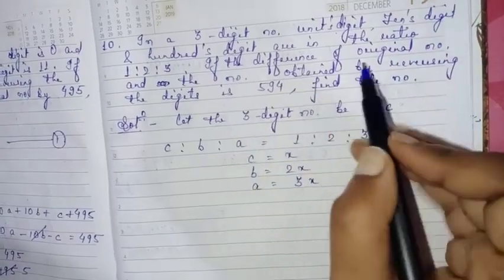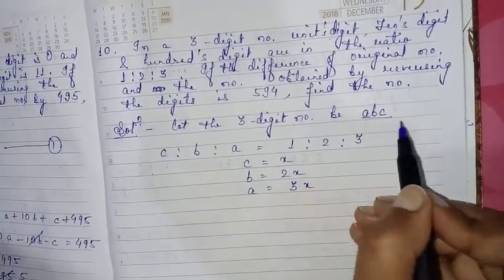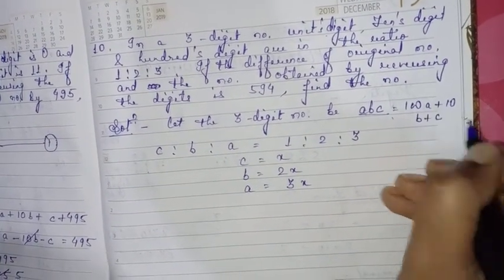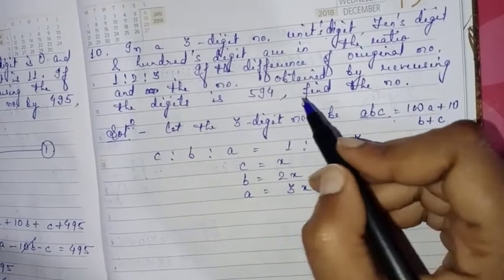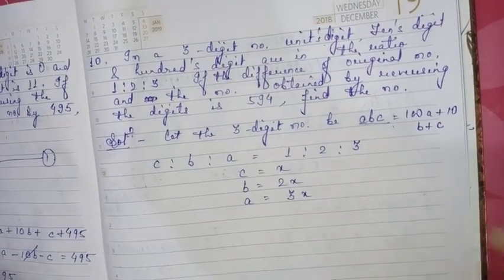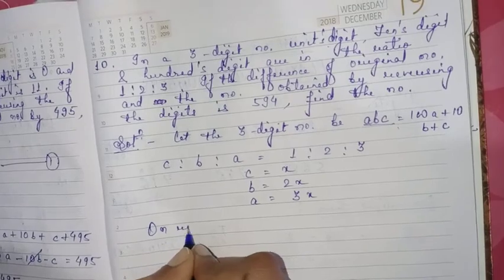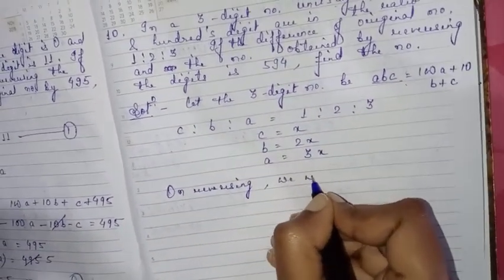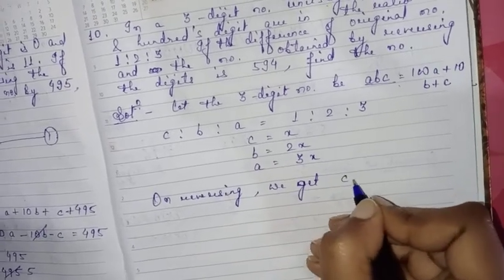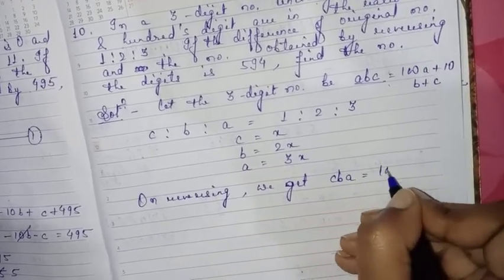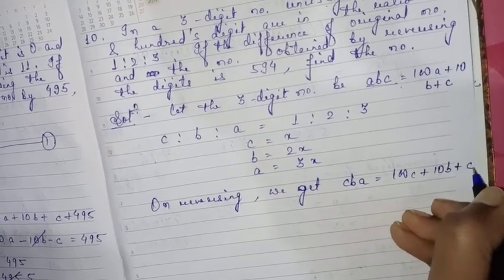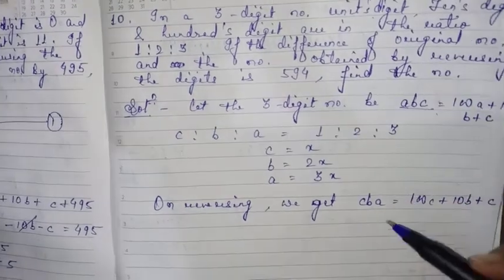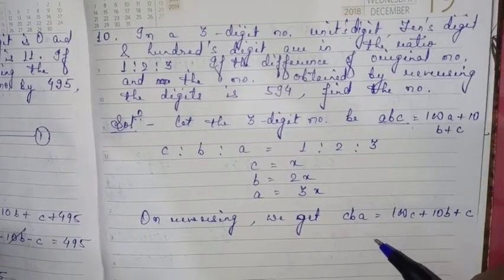Now the question is saying, if the difference of the original number, 100A plus 10B plus C, and the number obtained by reversing the digits, so on reversing this we get C, B, A, that is 100C plus 10B plus A, is 594.